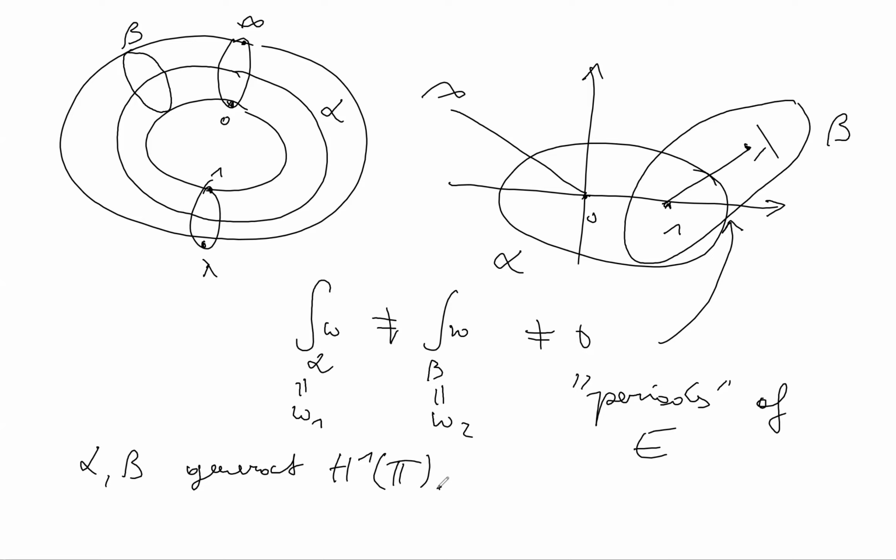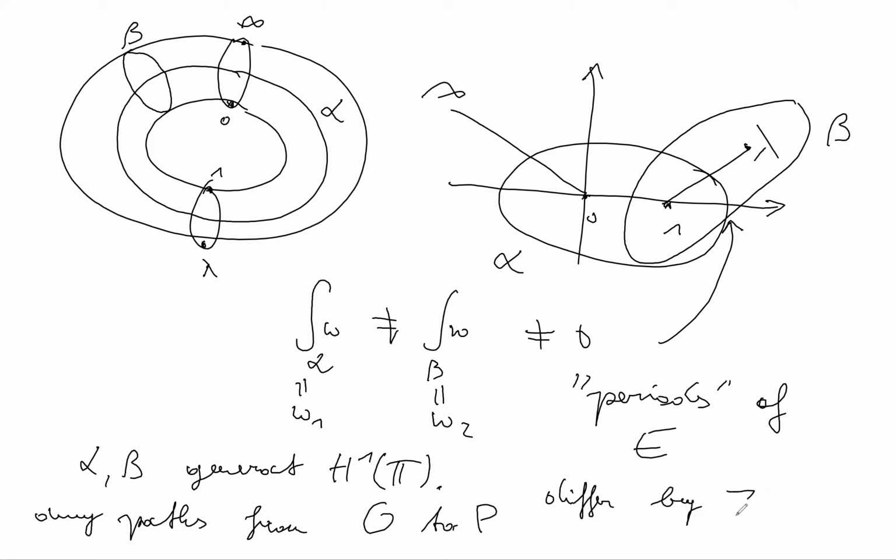And really what we should take away from this is that if I take any path from 0 or from infinity to p, they have to differ by an integer multiple combination of these two alpha and beta paths. Okay, so they differ by, say, alpha plus beta.